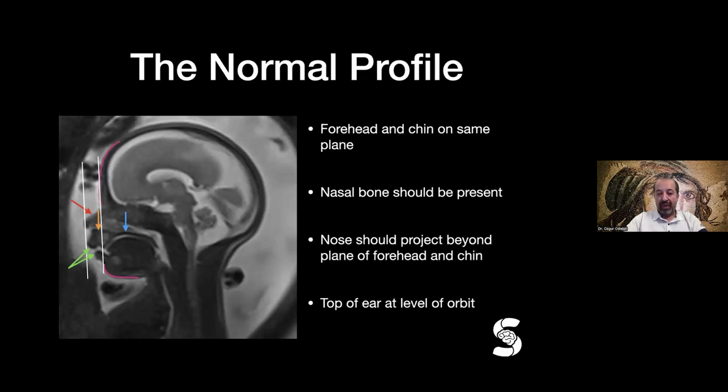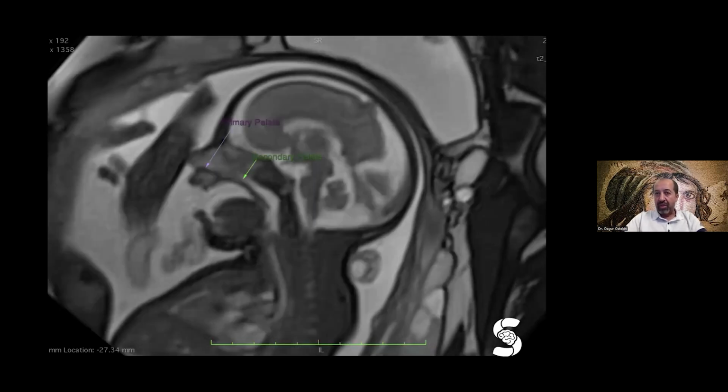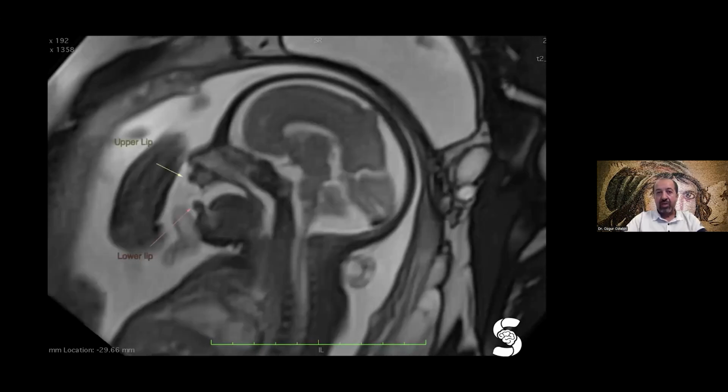The primary palate includes the anterior portion of the alveolar ridge with the 4 incisor teeth. The secondary palate consists of the remaining hard palate and the soft palate. Cine imaging is very important in evaluating the swallowing function and visualizing the normal anatomy.